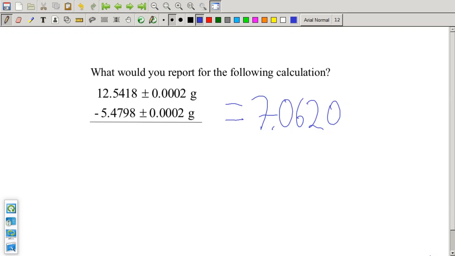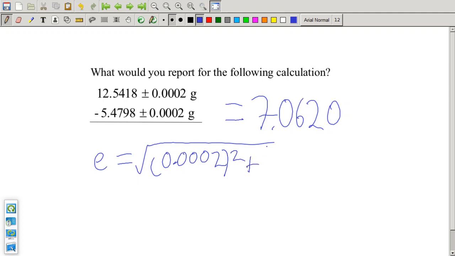To do that, we're going to take the square root of 0.0002 squared plus 0.0002 squared.